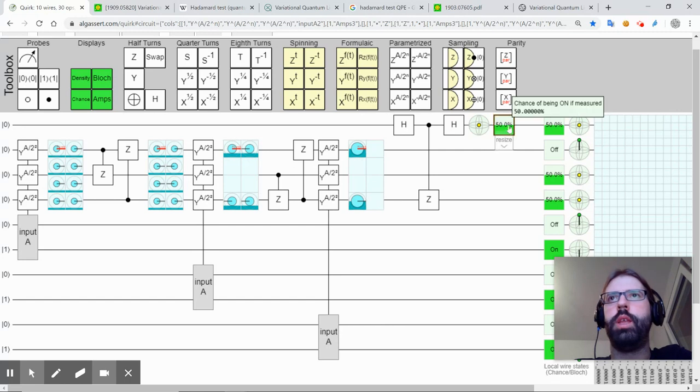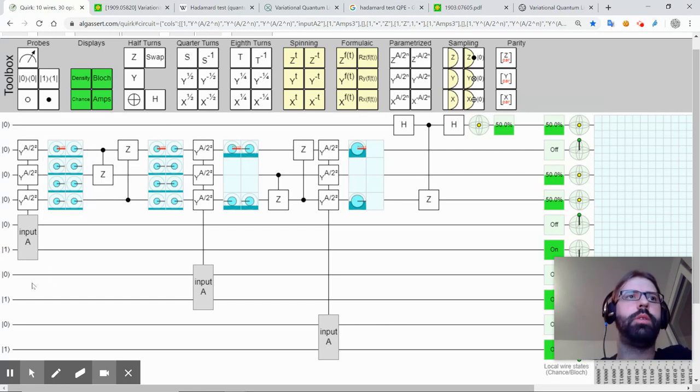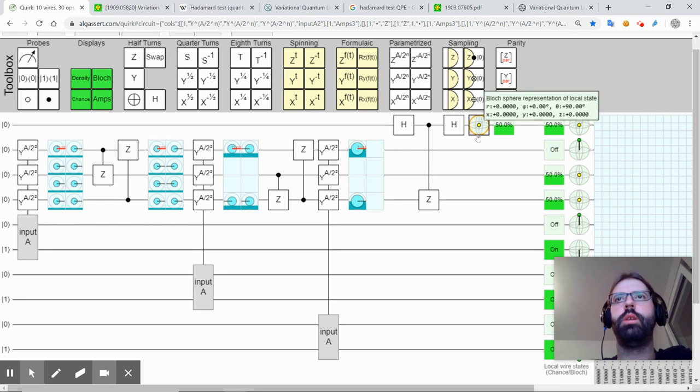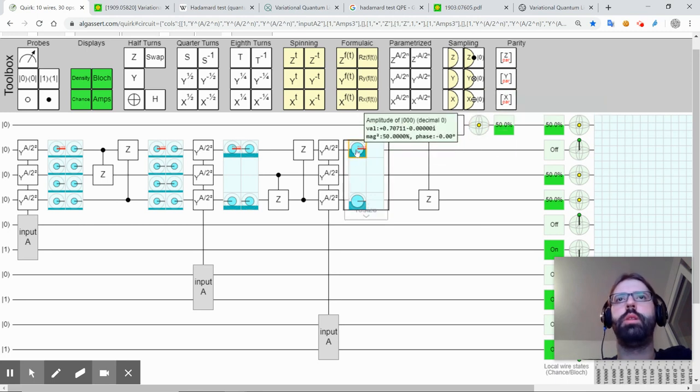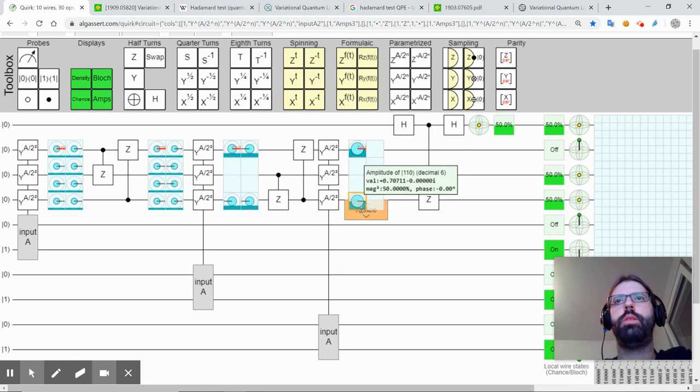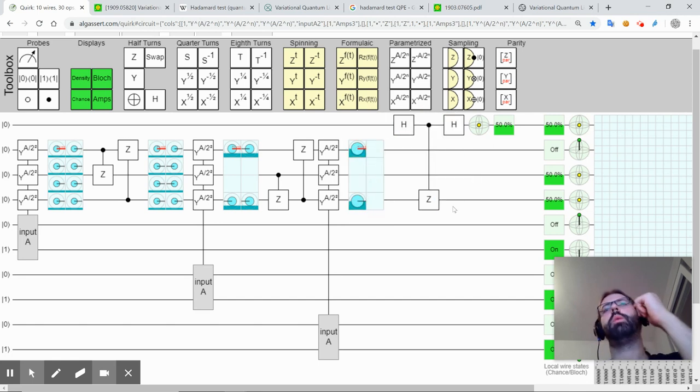And here I'm reading 50%. Okay, should write this down maybe somewhere. 50%, 50%. But why am I doing a Z?